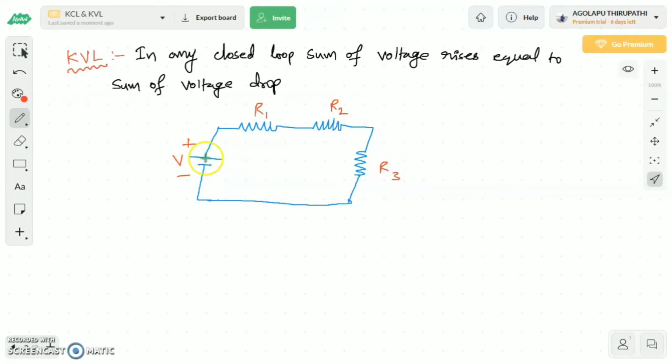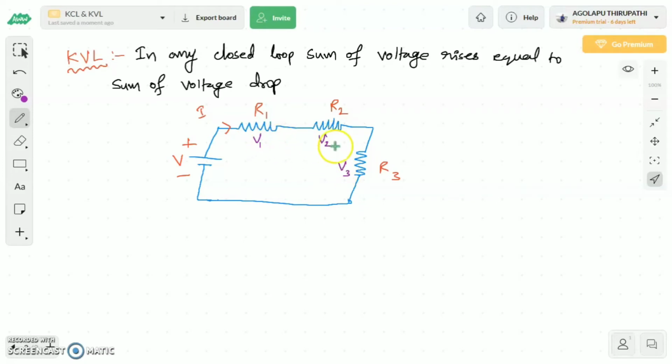So when we connect the voltage across these resistors, some current flows through the circuit. So therefore I am assuming that current is I. Okay, due to current flowing through resistor, we will get some voltage drop. So I am assuming voltage drop across resistor 1 is V1 and voltage across R2 is V2 and voltage across R3 is V3.